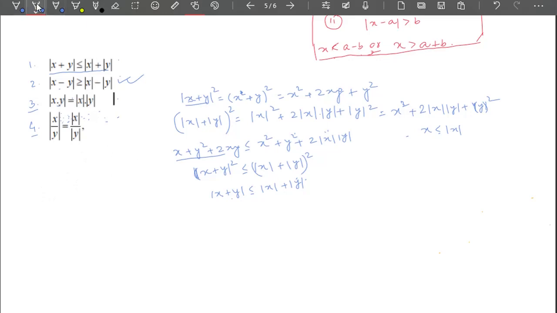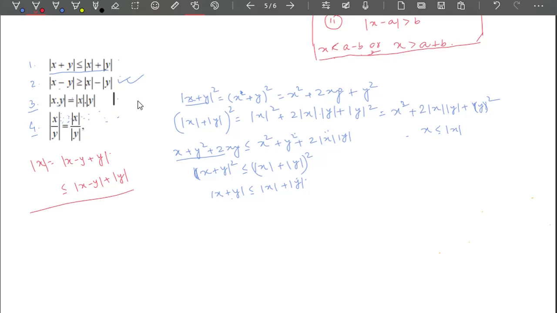The second one, I am giving you just the hint. x is equal to x minus y plus y. Now taking the modulus sign, that will be less than or equal to modulus of x minus y plus modulus of y.